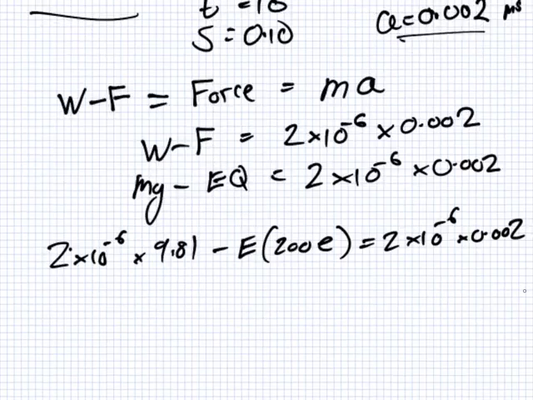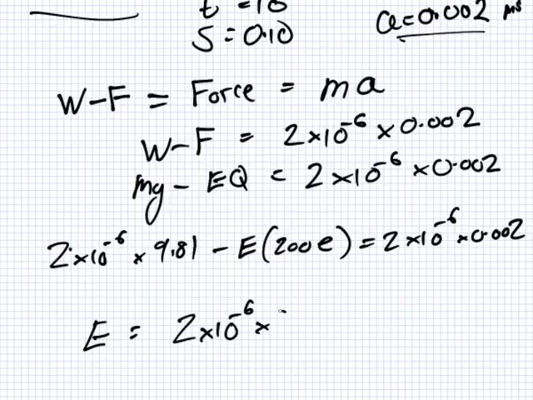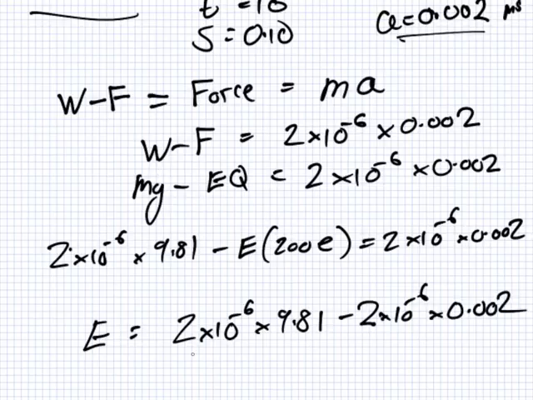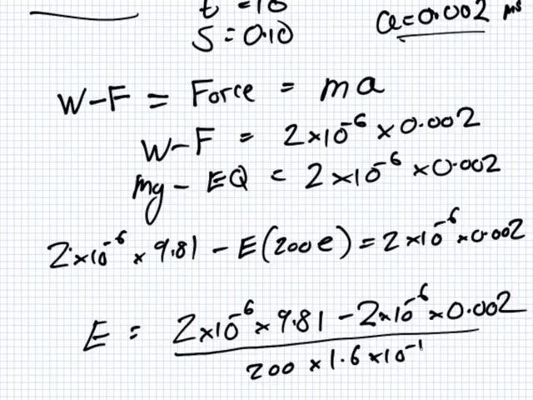So do a good bit of cleaning up and you get E equals 2 times 10 to the minus 6 times 9.81 minus 2 times 10 to the minus 6 times 0.002, all over 200 e, and e is 1.6 times 10 to the minus 19.